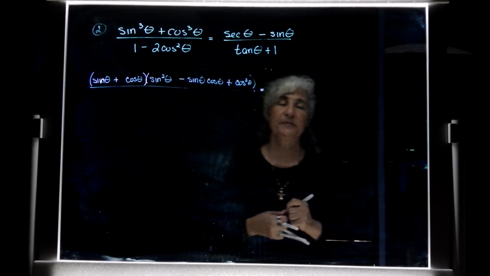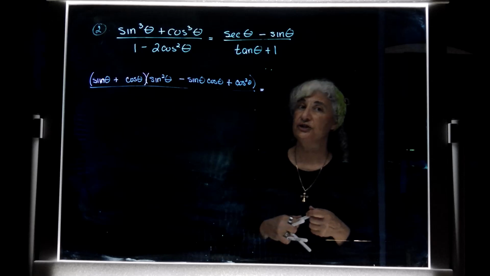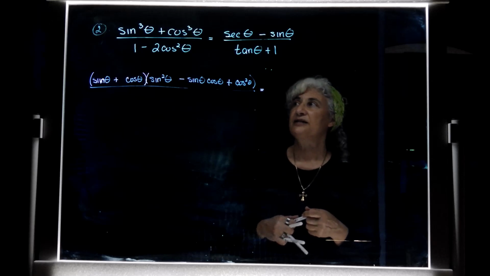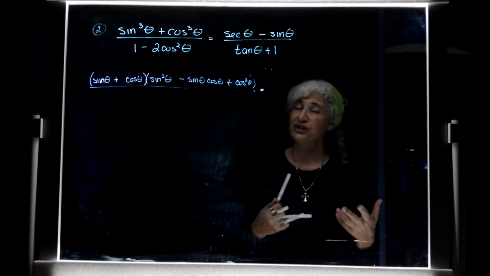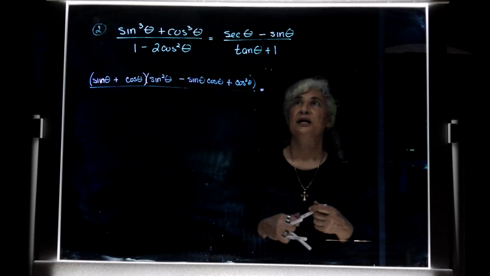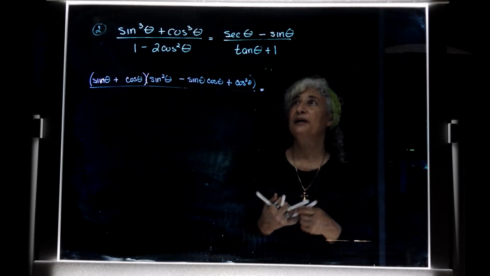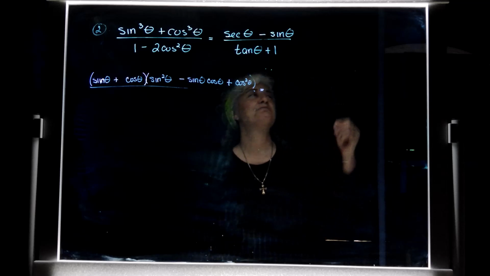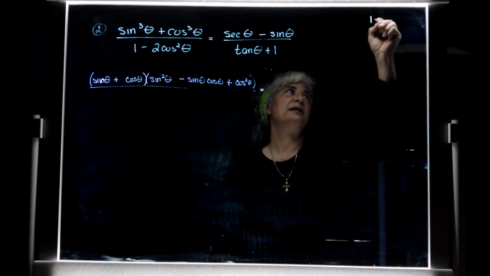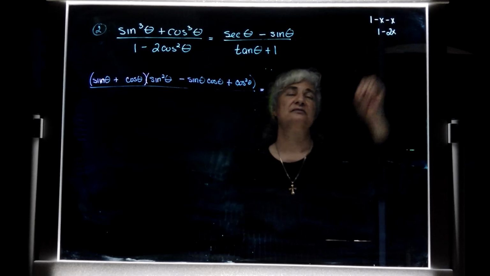Now, the denominator is not so obvious what to do. This is an interesting little trick, shall I say? And let me kind of sidetrack you a minute so you can understand the trick. You know, if you had 1 minus x, wouldn't that be 1 minus 2x?